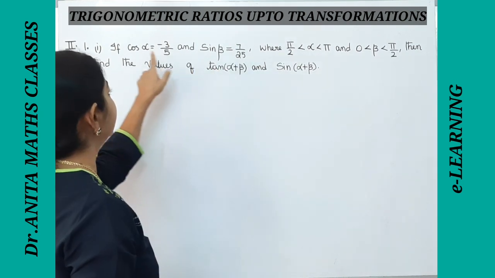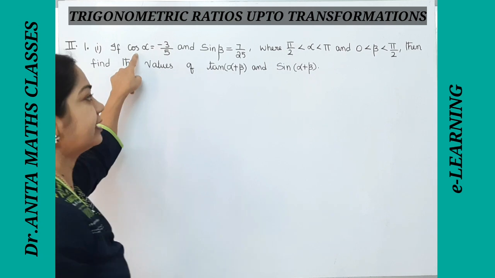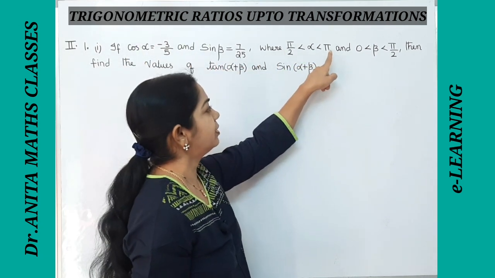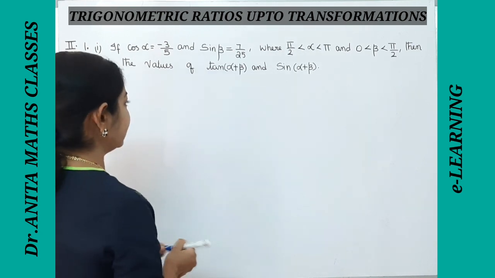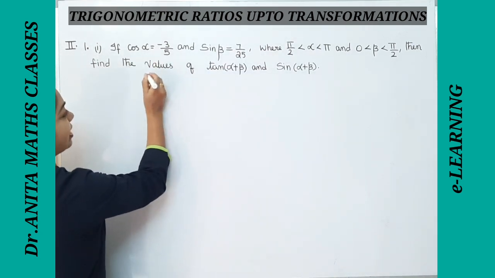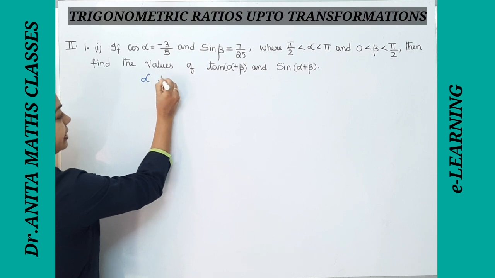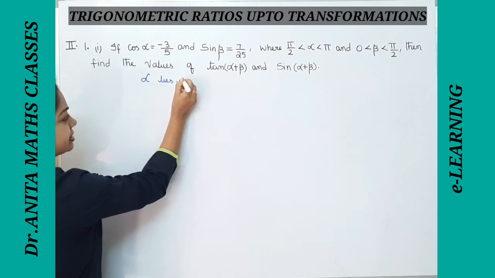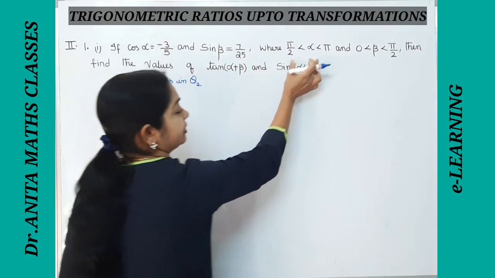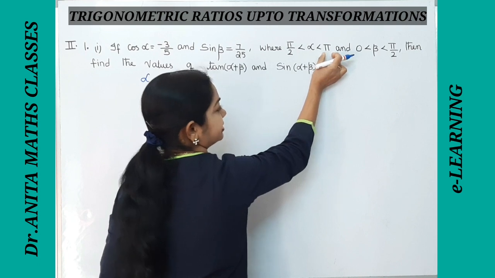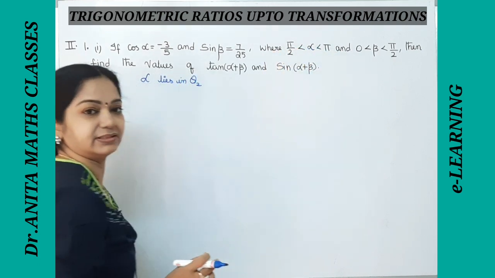Here cos alpha is given and the condition that alpha lies between pi and pi by 2. That means clearly we can say that this alpha lies in the second quadrant, Q2, because given condition that it lies between 180 degrees and 90 degrees, right?